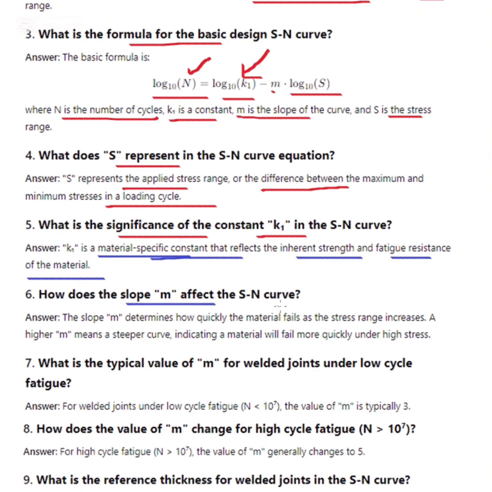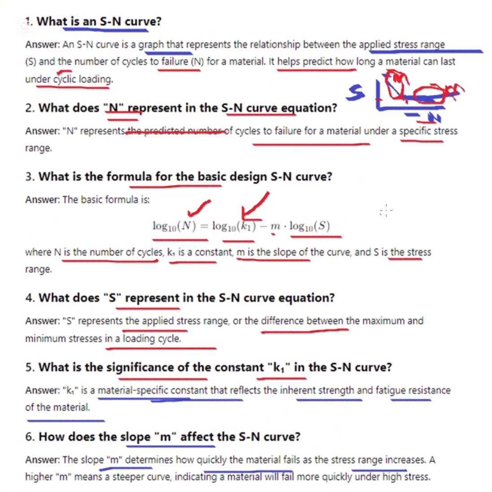How does the slope m affect the SN curve? The slope m determines how quickly material fails as the stress range increases. You see here, this is the SN curve. This is m equal to 3, this is m equal to 5.